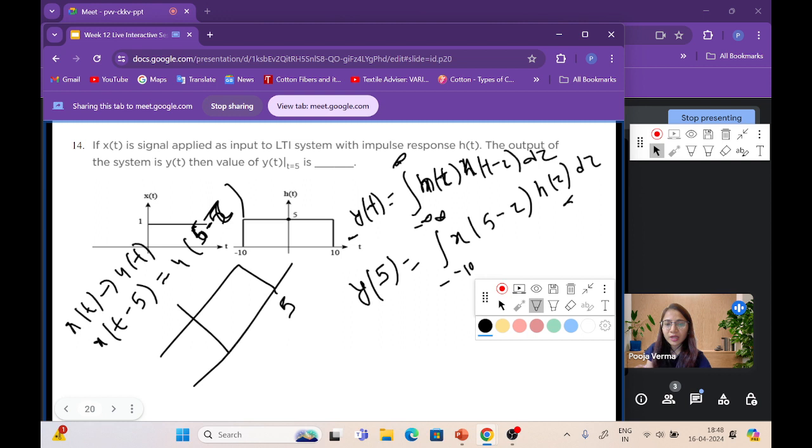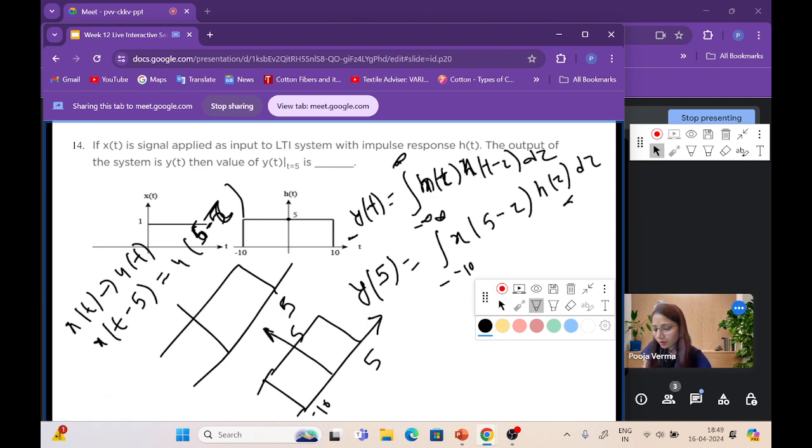Now if we multiply both these signals, it is from here, on the positive side from 5, and on the negative side it is minus 10, and the magnitude at this one is 1, it is 5 only.